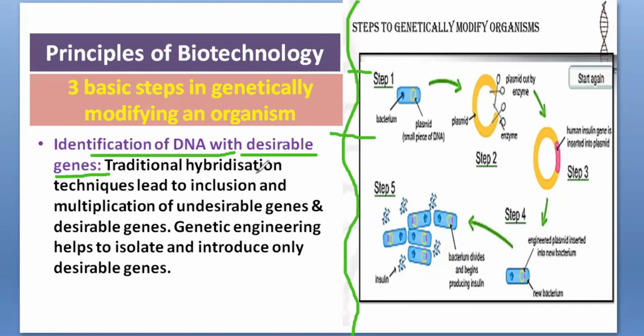The traditional hybridization techniques lead to inclusion and multiplication of undesirable genes, because it has both desirable and undesirable genes.